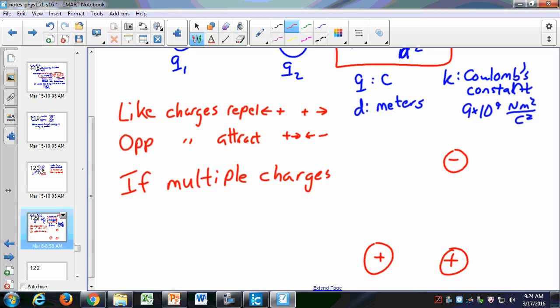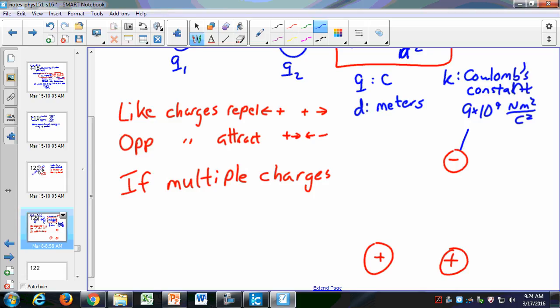There are going to be two forces acting on this charge. As a quicker question, what is going to be the net force on this charge? I'm going to show you a series of vectors, and I want you to tell me which is the net force.